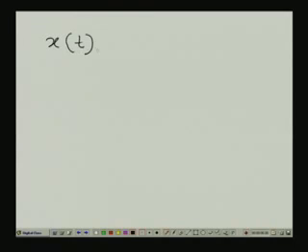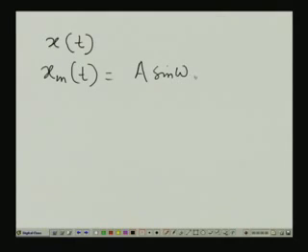So the modulated wave, let us say x_m(t), which you will get out of the bridge, will be some A sin(omega_c t), this is the carrier wave, the excitation frequency, into x(t). Now, from this x_m(t) we need to get x(t) out.